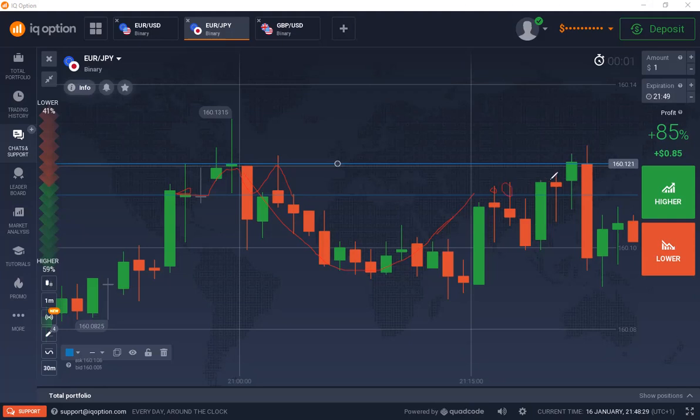Also we have a seller's entry. So this is seller's area. An area where there are multiple sellers' entries is what we call seller's area. Also have this strong seller's entry, so this is seller's area.